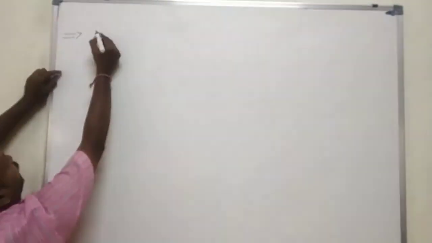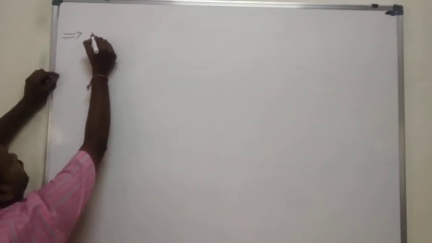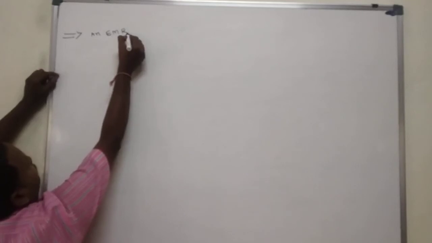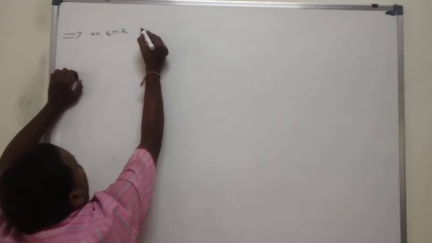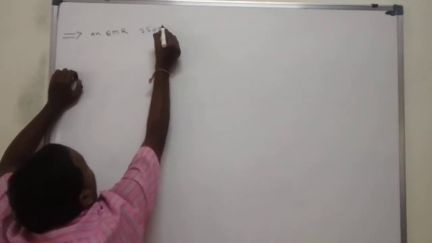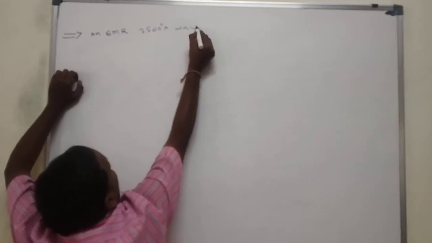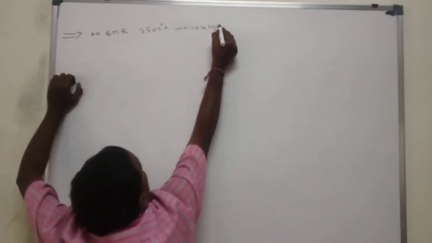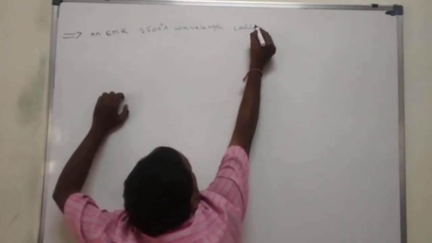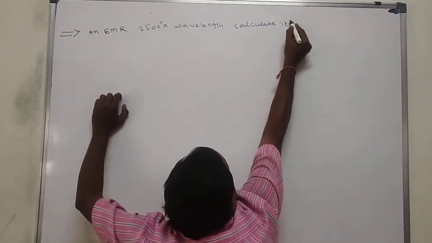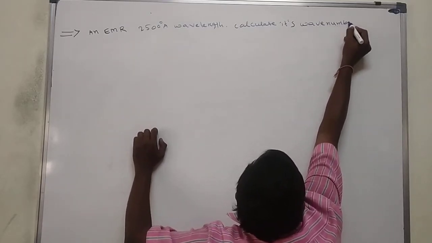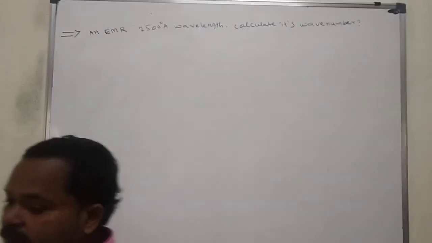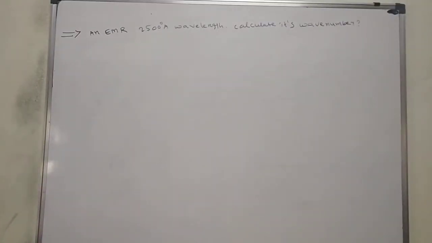Here, an electromagnetic radiation has a wavelength of 2500 angstroms. Calculate its wave number. How do you calculate the wave number?